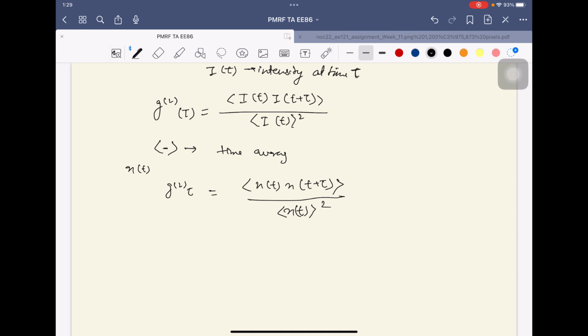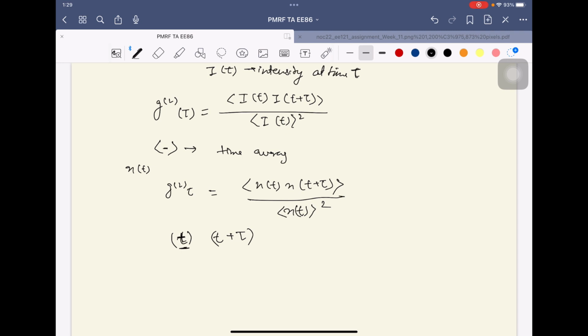We can think of this g2(tau) as answering the following question: I have detected a photon at time t. What is the probability of detecting another photon at time t plus tau? If we are detecting some photon at time t, then what is the probability that we also get a photon at t plus tau?